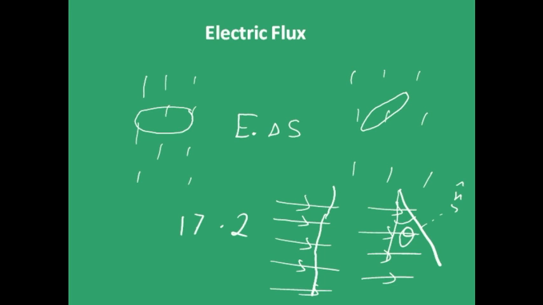Say it is n. If this is theta, then this is going to be theta. So it gets multiplied by this cos theta, which is less than 1. So it gets reduced. So you can say this is the flux.